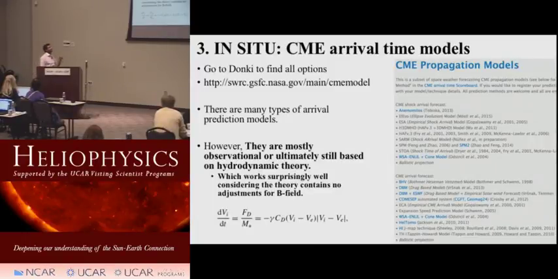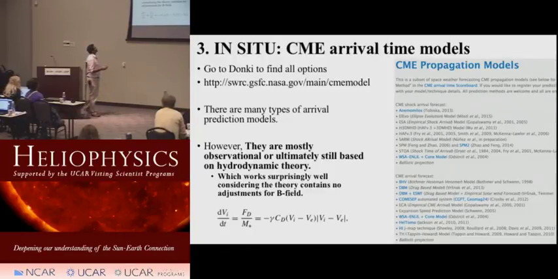What's interesting is there are lots of propagation models. So lots of models, and I just grabbed this as a screenshot from NASA's Space Weather Research Center, CCMC website, for all the different people and the different teams that are trying to predict the arrival time of CMEs.